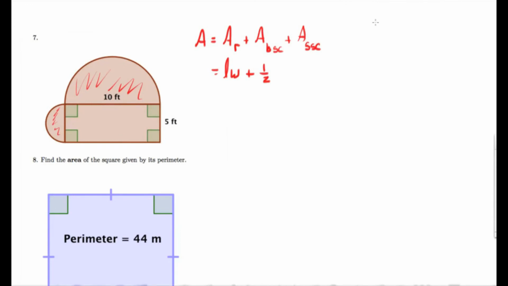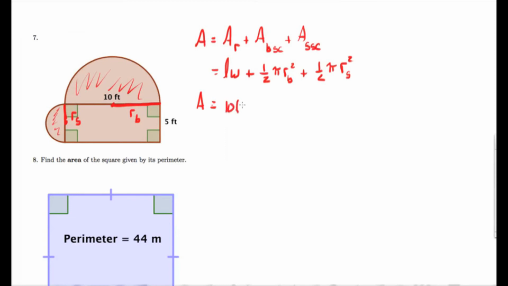So 1/2 of pi r squared, and the same with a small semicircle, and the radius is going to be this length and this length. So this is the radius of the big one, and this is the radius of the small one. So 1/2 pi r squared.